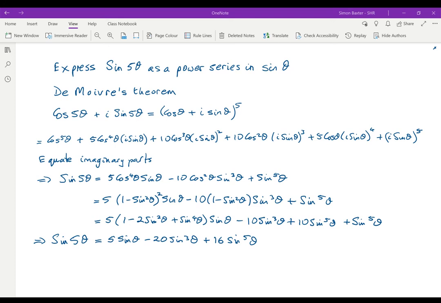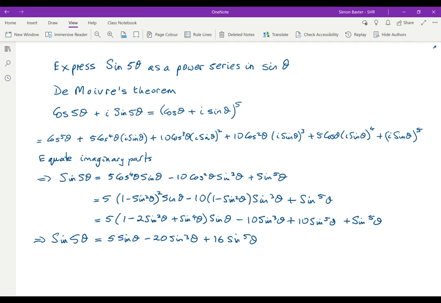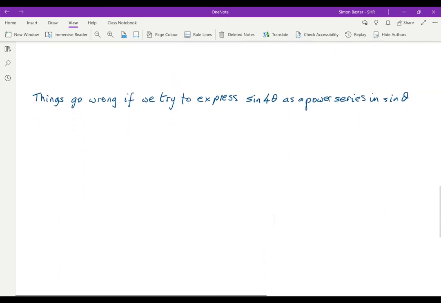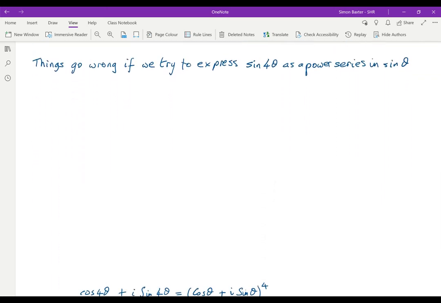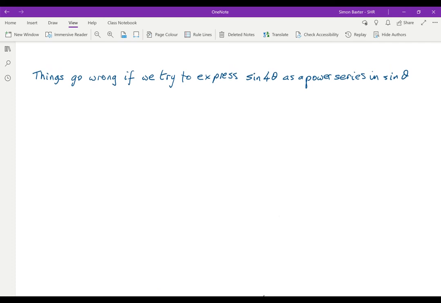It doesn't work quite like this if we try to do the same thing with sine 4 theta. So let's see what happens now if we work with sine 4 theta. Doing the same thing, we would start off with cos 4 theta plus I sine 4 theta is, using de Moivre's theorem, cos theta plus I sine theta to the power 4. Expanding that gives me cos to the power 4 theta.